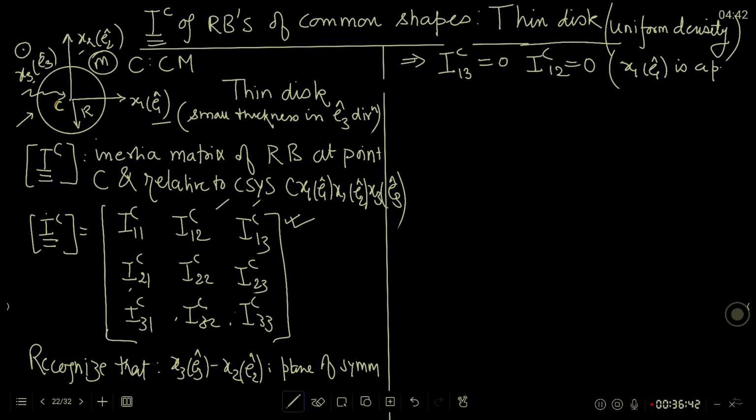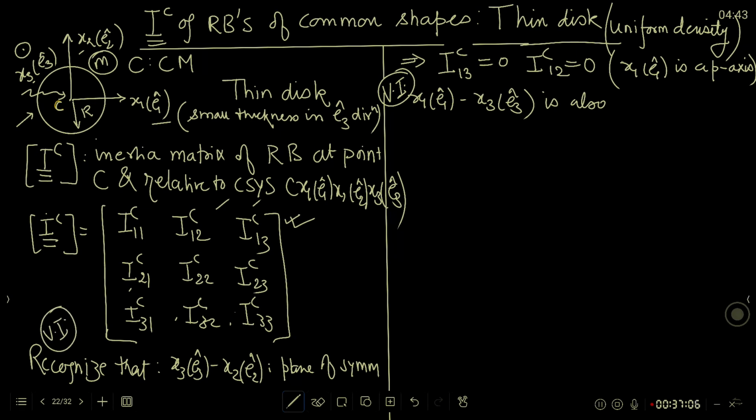I also recognize that x1 e1 and x3 e3 is also a plane of symmetry, and this is all coming from visual inspection, VI. This is also VI. Visual inspection is telling me these things. x1 e1, x3 e3 is also a plane of symmetry.